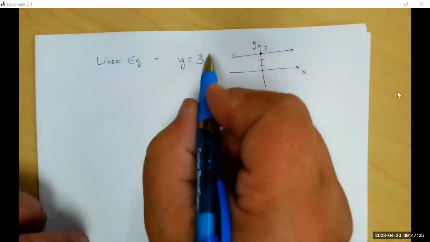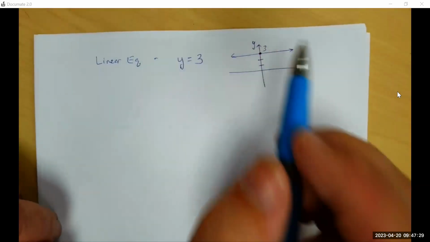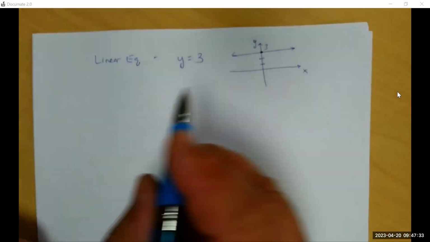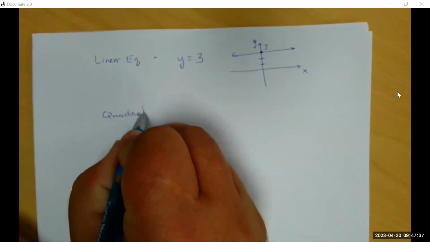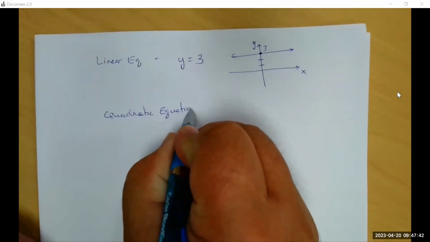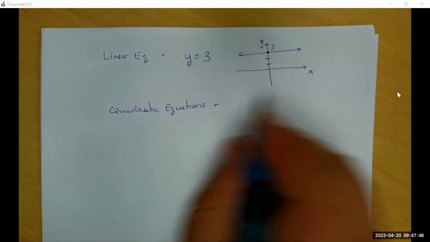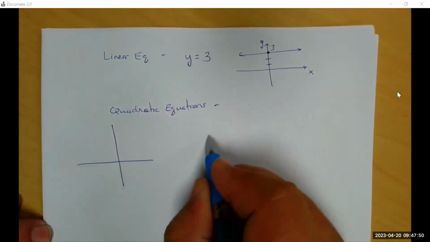So again, since the linear equation is degree 1, it can have at most one solution. It can have no solutions. Same thing with quadratics. There's different types of equations, but I'll show you what they look like.